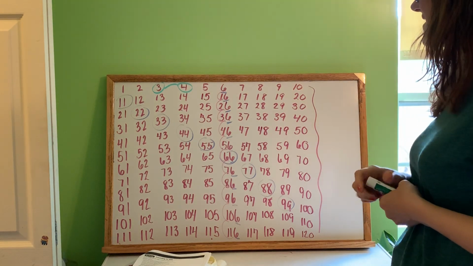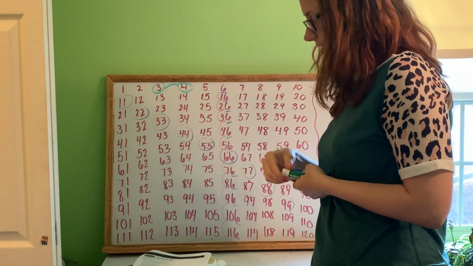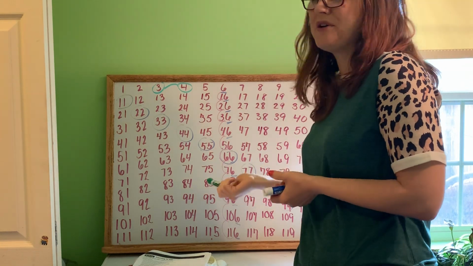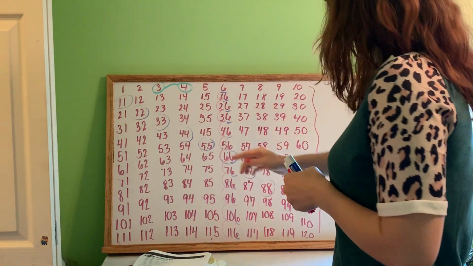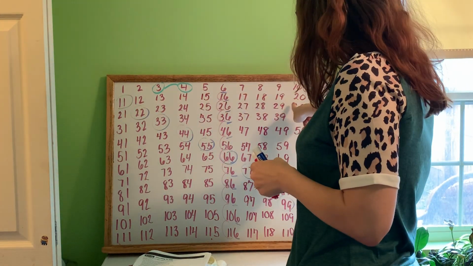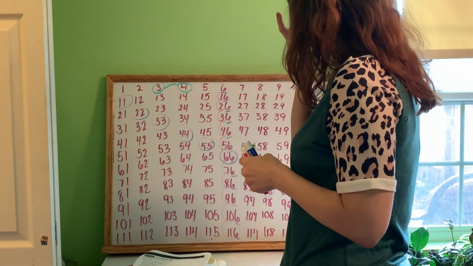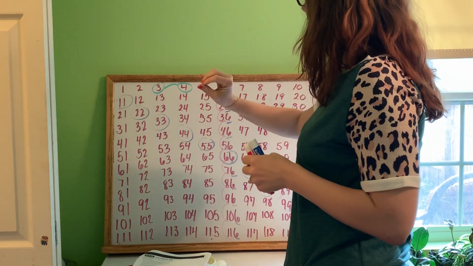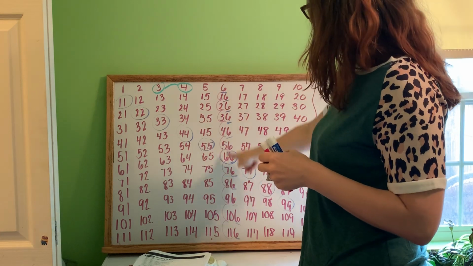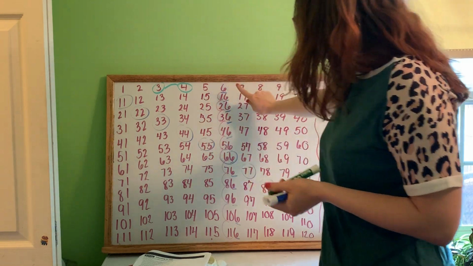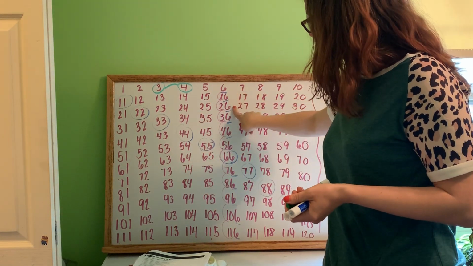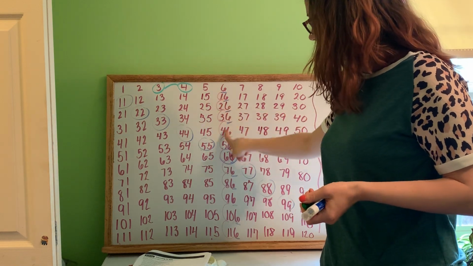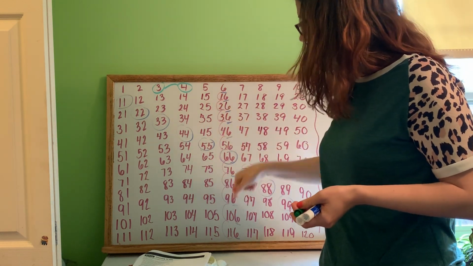Something that they notice that we probably take for granted, but is actually weird about the chart, is that when we look across in a row, the opposite thing is happening from the column. So in our columns, the ones stay the same and the tens go up by one.